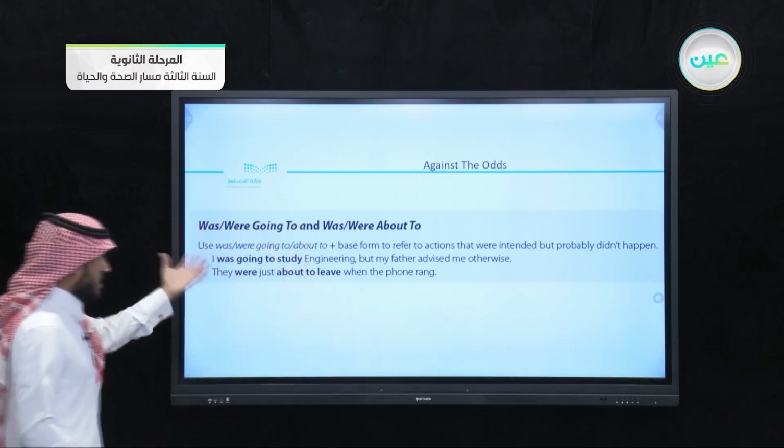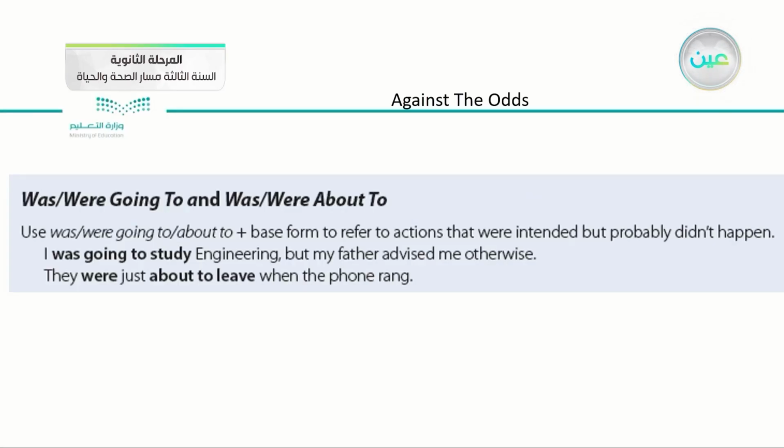We use was or were, going to or about to, and after that we follow it by the base form of the verb to refer to an action that was intended but probably didn't happen. So it was intended. You wanted to do it, but you most likely didn't do it.